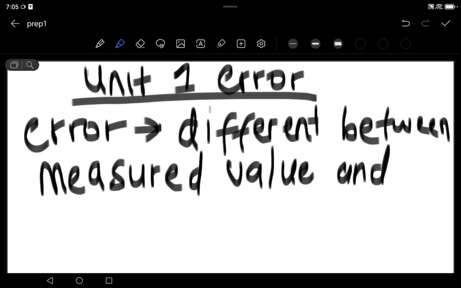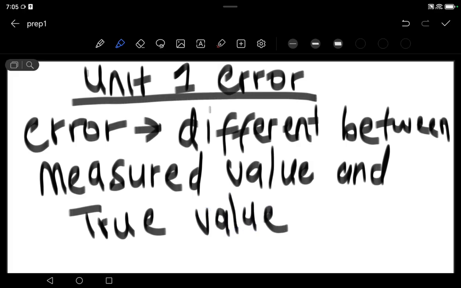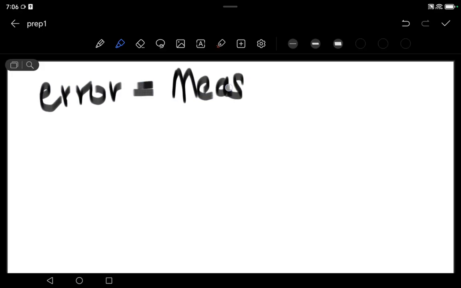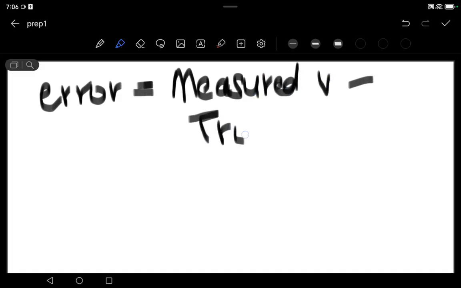So we can write it like this: error equals measured value minus true value.